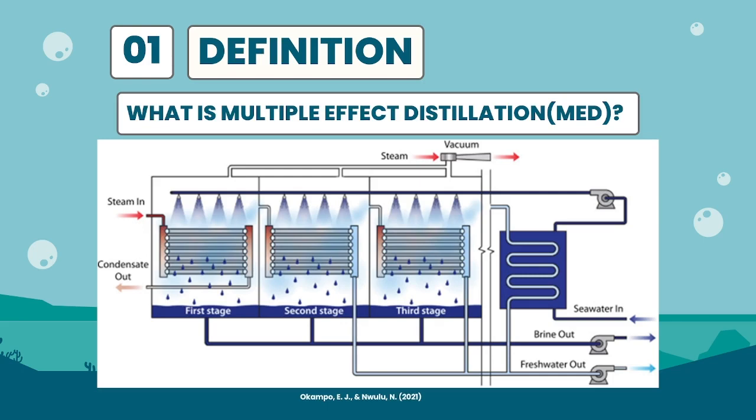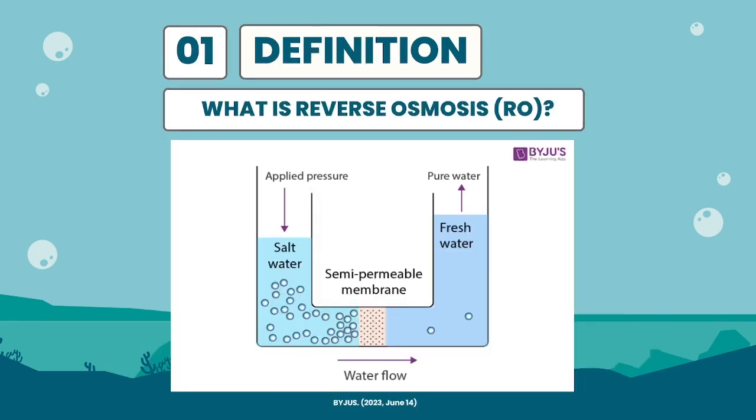You might see that this system is quite efficient. However, the first stage still requires a lot of energy, making multiple effects distillation quite an energy-intensive process. So, another type of desalination plant that doesn't use a lot of energy would be reverse osmosis.